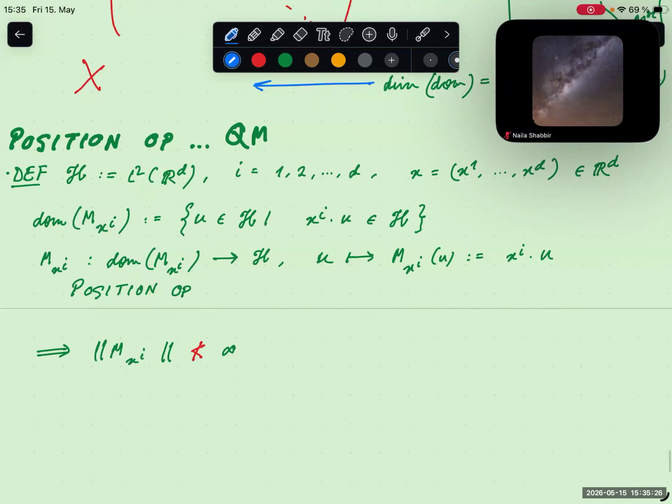So although this is true for any dimension d, but in physics, d equals to 3. Why? Because we have 3 spatial dimension. Okay, it's just an experimental fact. There is no fundamental theory which can tell us why we have 3 space dimension.